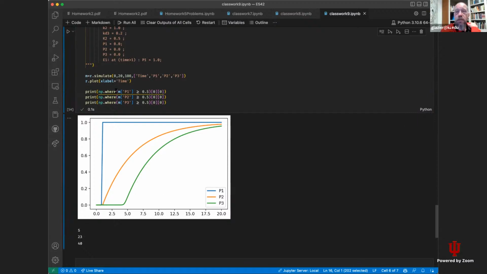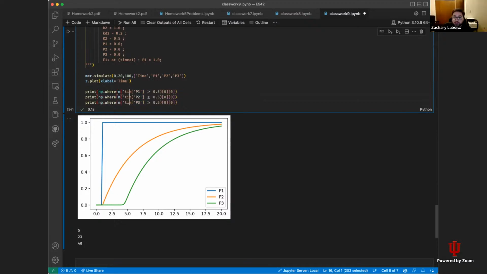Is that the time? Right, you want to look up the time. You'd have to look up column 0 with that index. It'll be outside the where, since where returns the index.